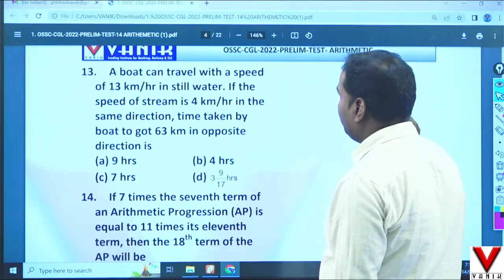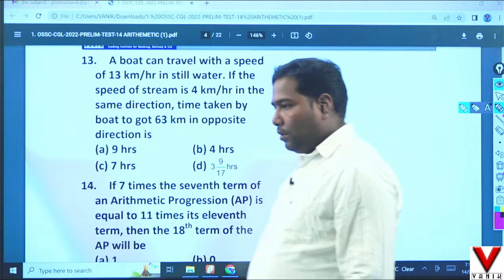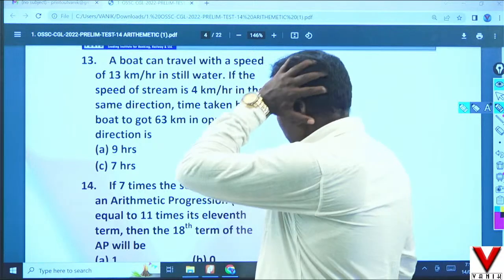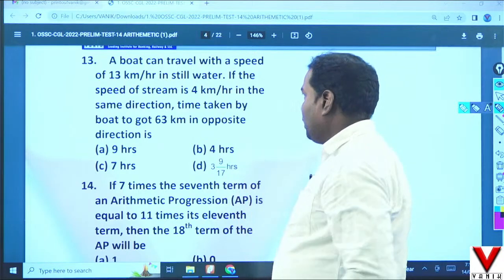Question number 13. A boat can travel with a speed of 13 km per hour in still water.